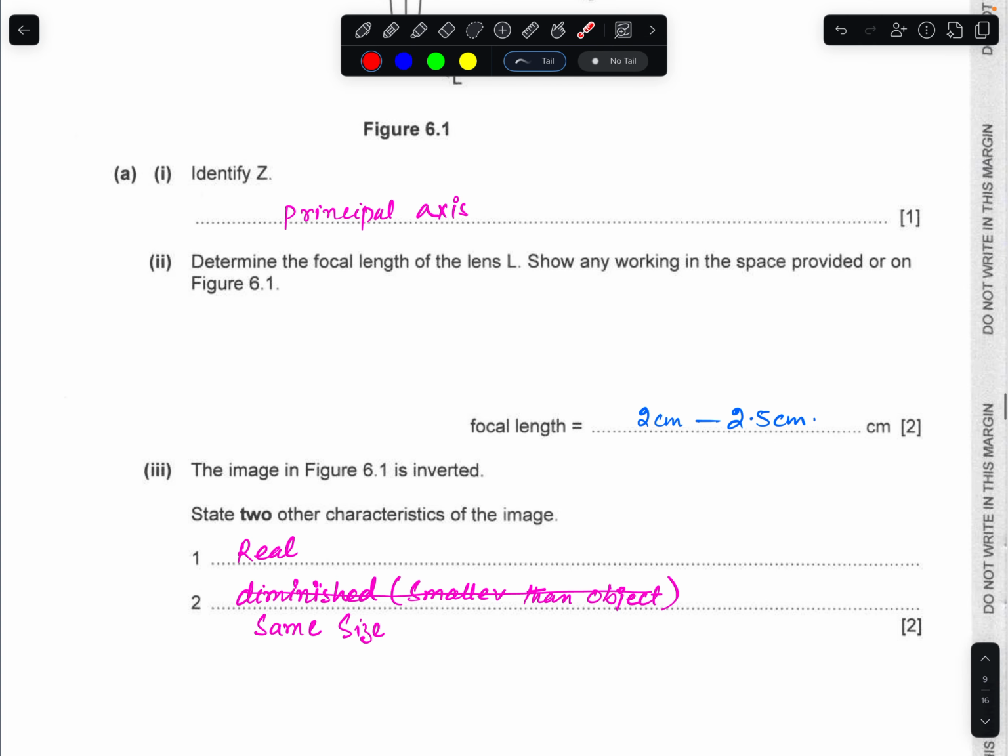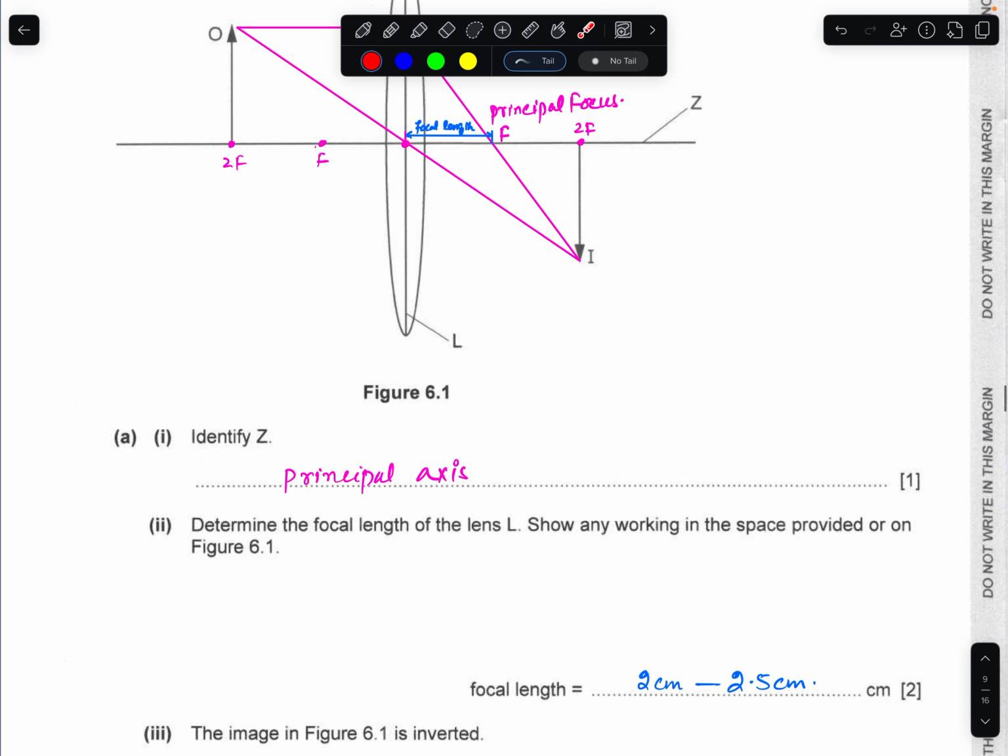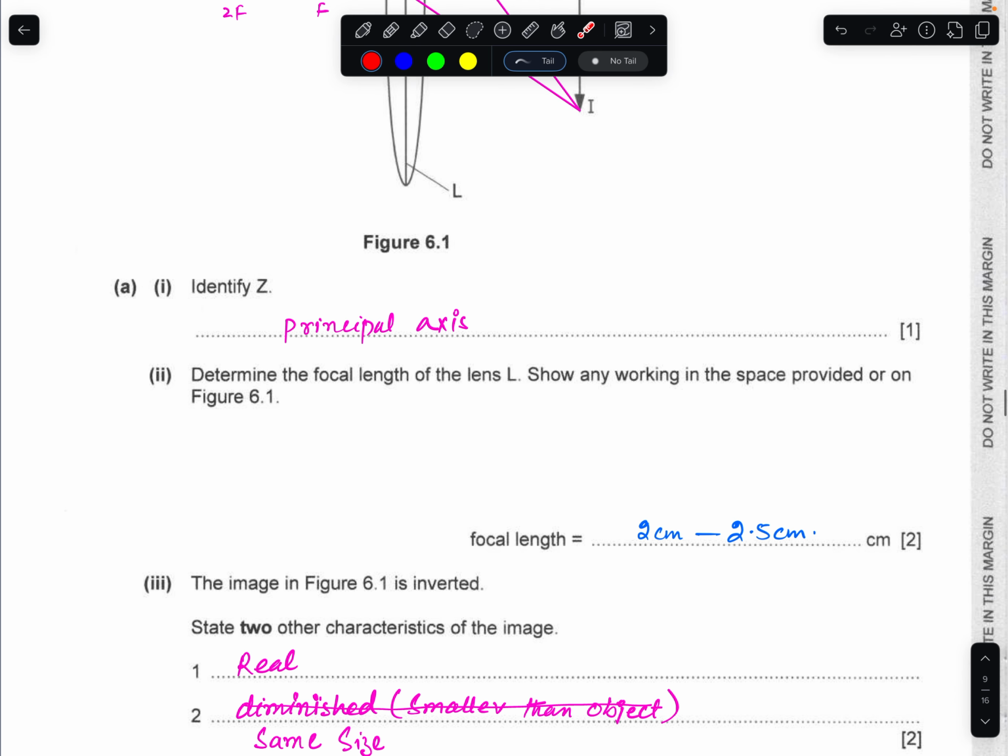Now, what should be the focal length? We don't really know the exact focal length because I'm using the soft copy. In hard copy you would get a more accurate focal length. But right now I can just write the range. It must be between 2 centimeter and 2.5 centimeter because I'm using this soft copy.